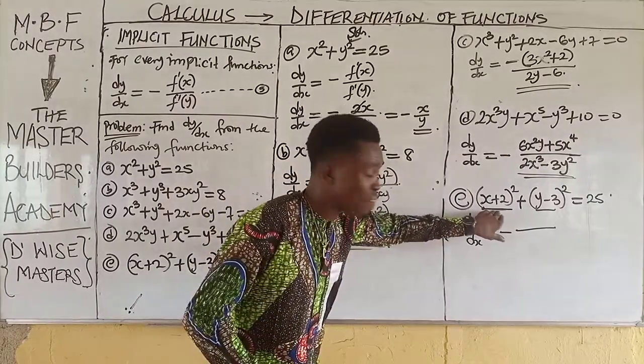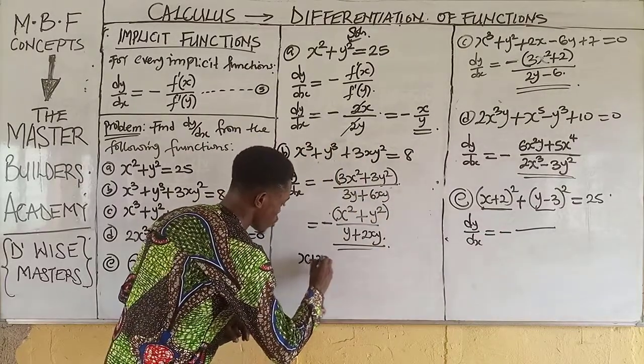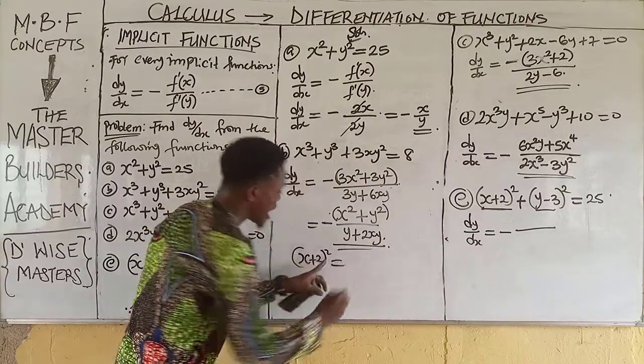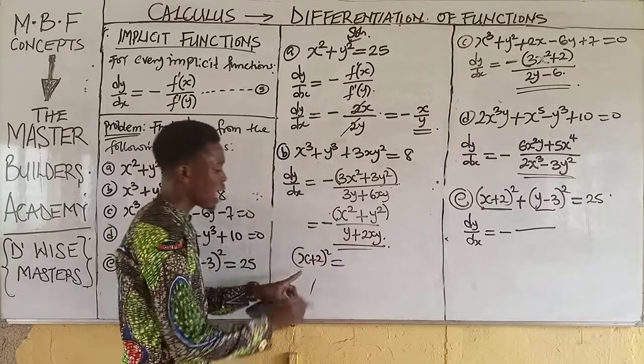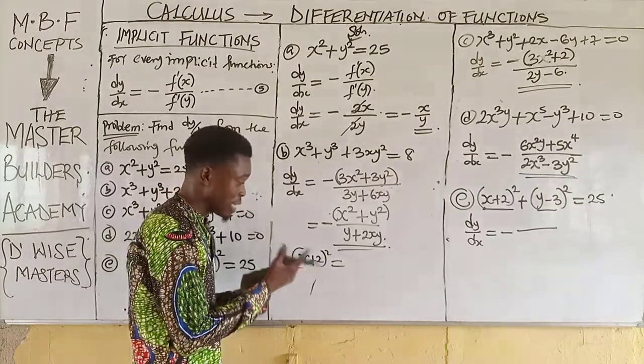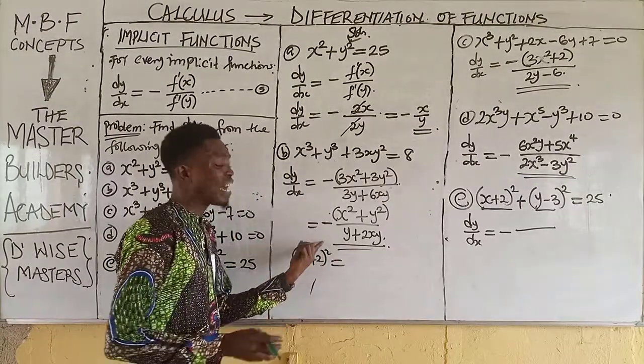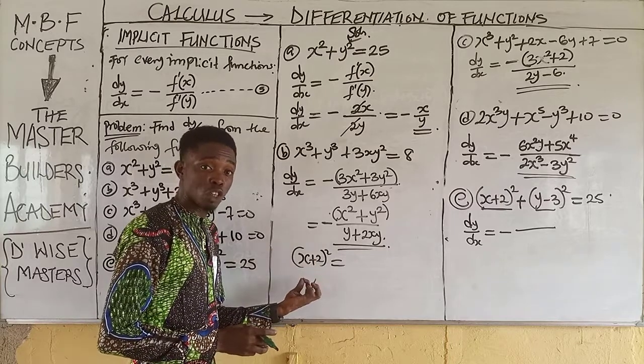If I differentiate this first term with respect to x, listen. This is what we have, x plus 2 squared. Anytime you are differentiating this, what do you have? The first thing you do is to bring down the power. I explained that in function of a function, or chain rule: first thing you do, identify the power and identify the function of x.